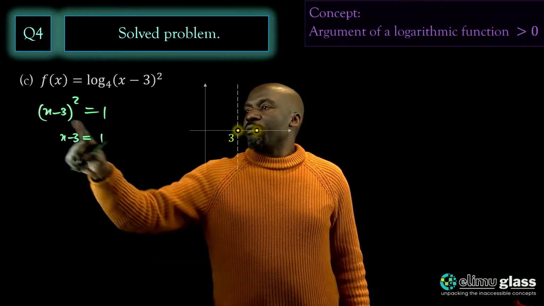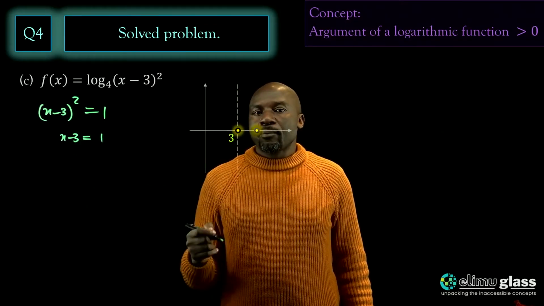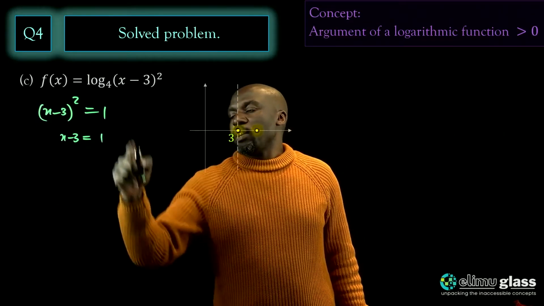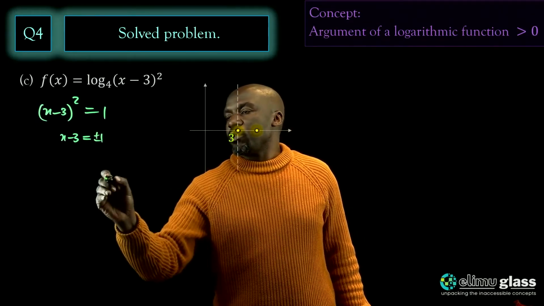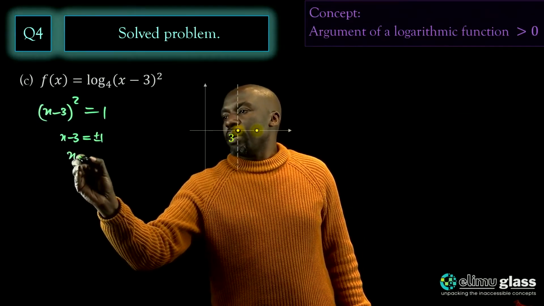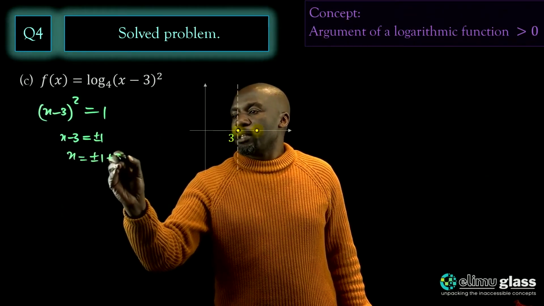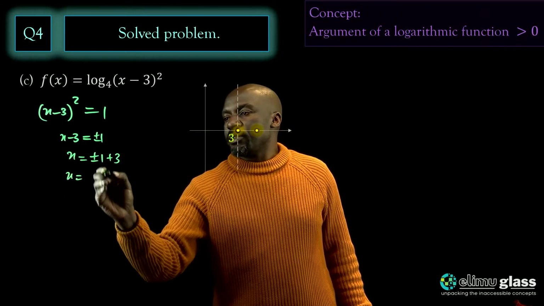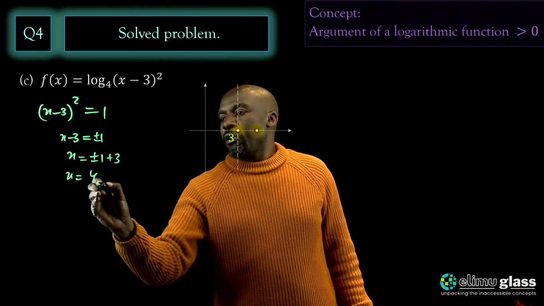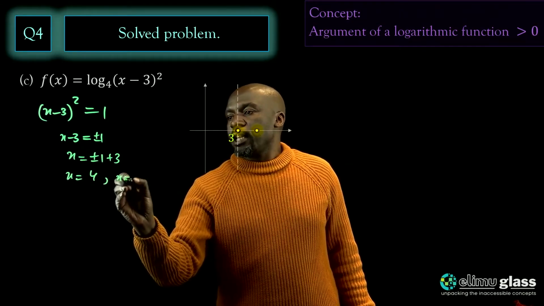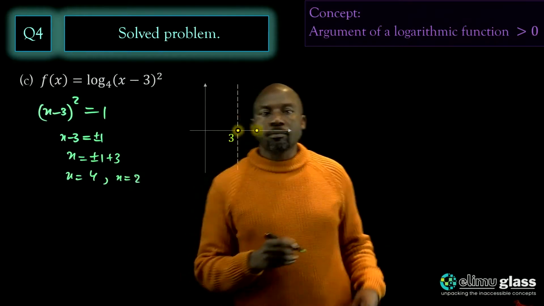Okay. Find the square root of both sides. So the square root of 1, which is plus or minus 1, and so x becomes plus minus 1 plus 3. So x values are 4 or x is 2.